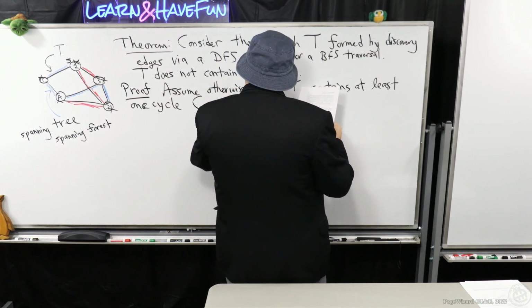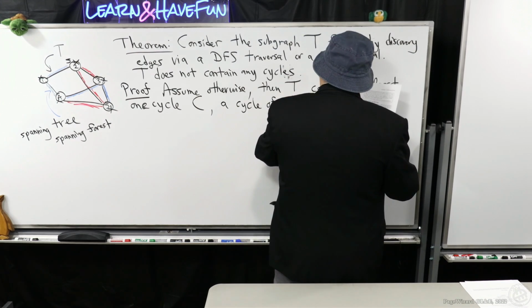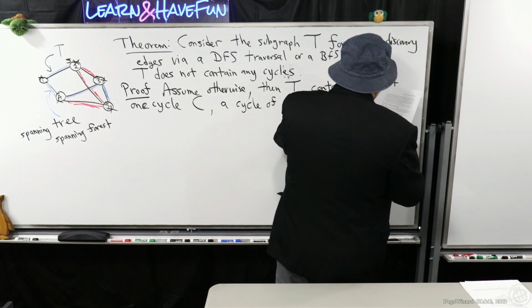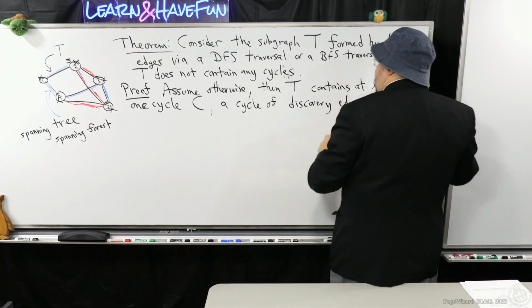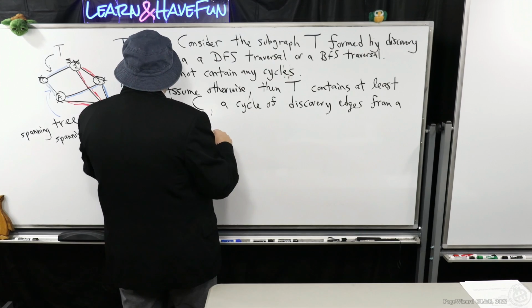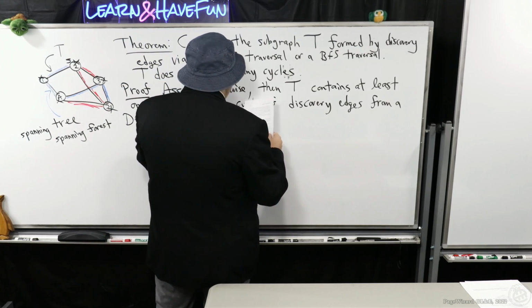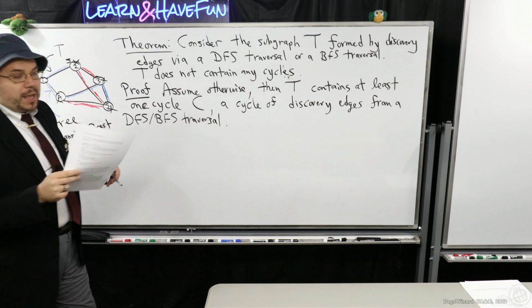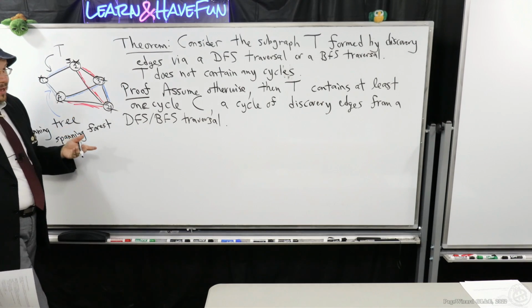A cycle of discovery edges from a DFS or BFS traversal. Now, let's take a very careful look at what this would look like.